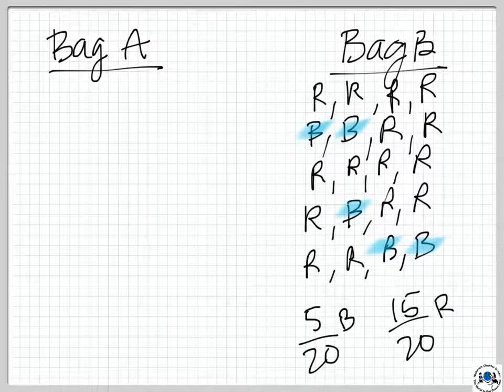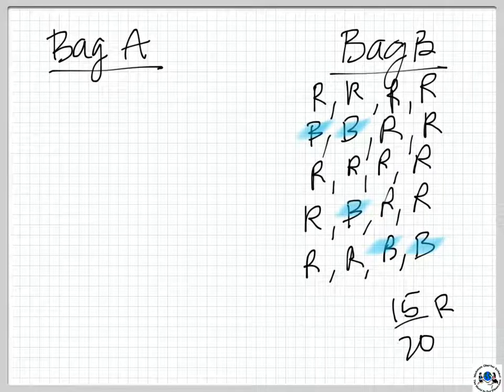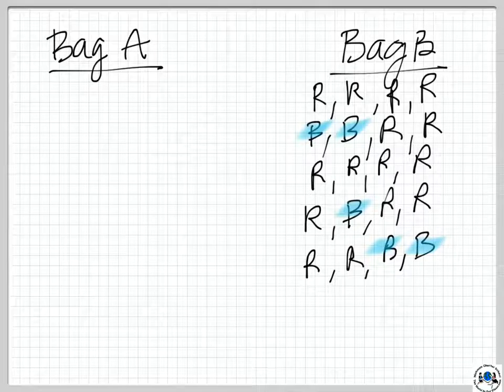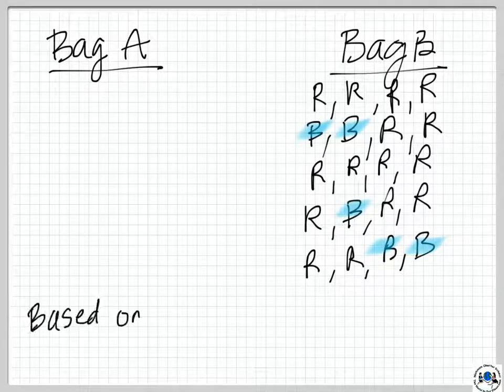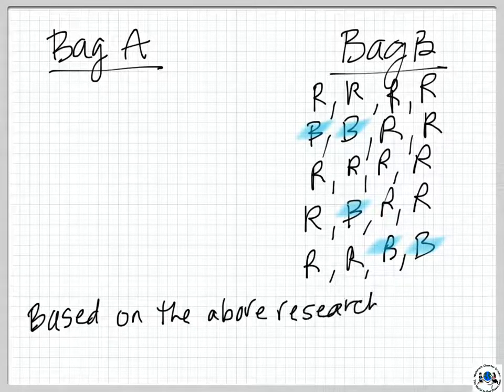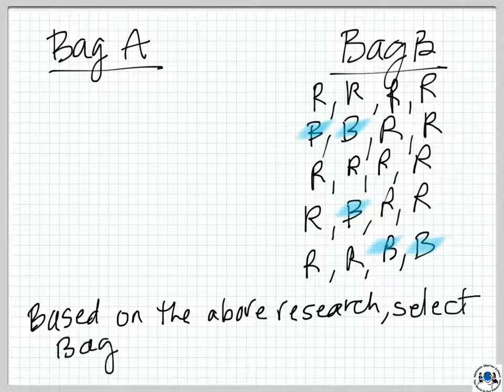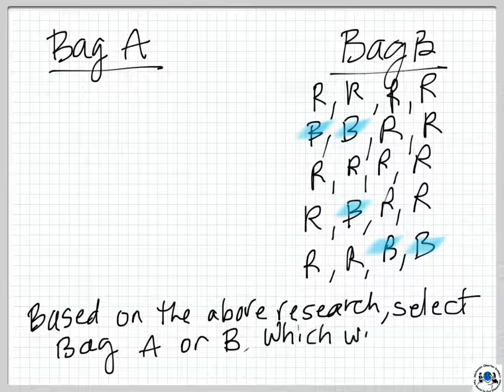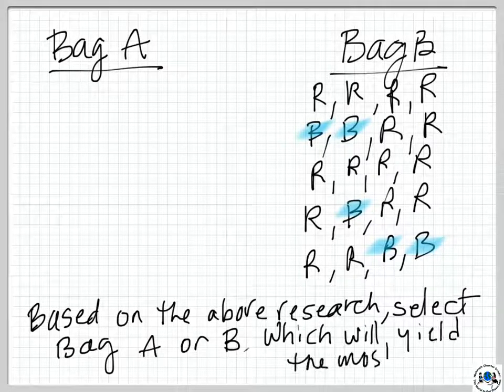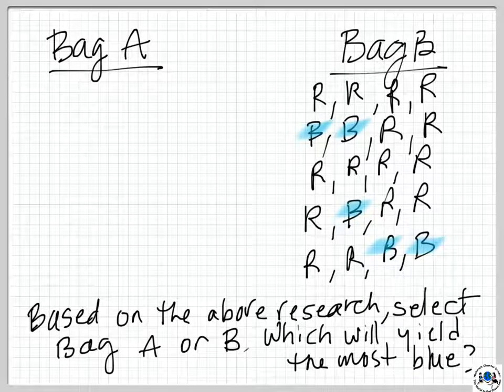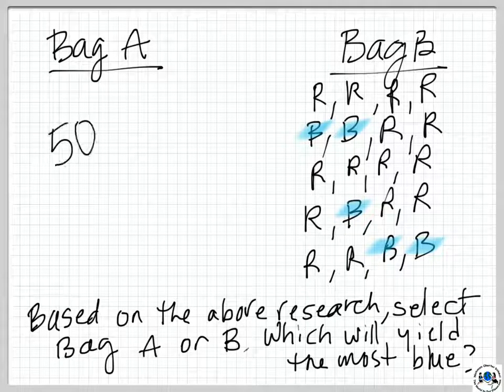But anyway, let's go ahead, and how about you now make your decision. You've got to decide now, based on the above research, and select bag A or bag B, which will yield the most blue tokens or points. We know that bag A is 50-50.